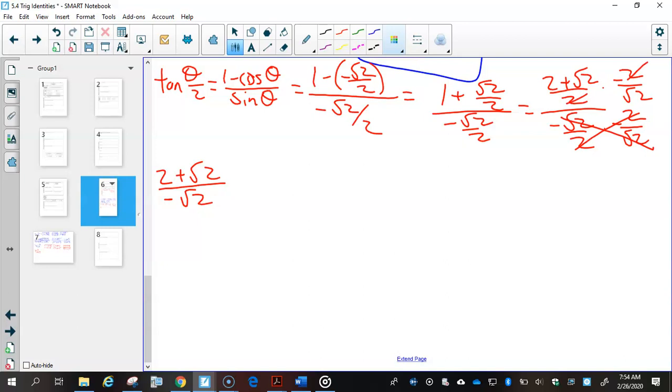I moved the negative. I haven't done anything with it yet. So in that step, I used my negative, multiplied everything by the negative. But you still have to rationalize.